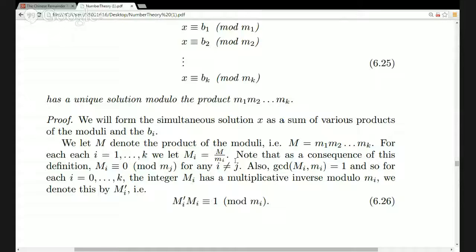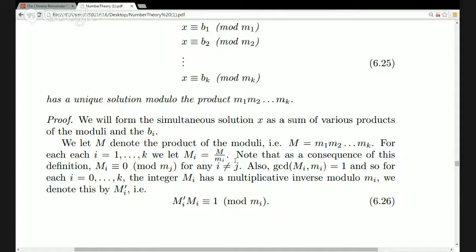So when you multiply a bunch of them together but leave out one of them, that product is going to be co-prime to the one you've left out, because each of the things you've multiplied together is individually co-prime to the one you left out. So as a product, it's co-prime to the one you left out.